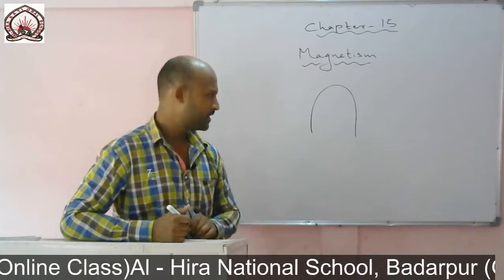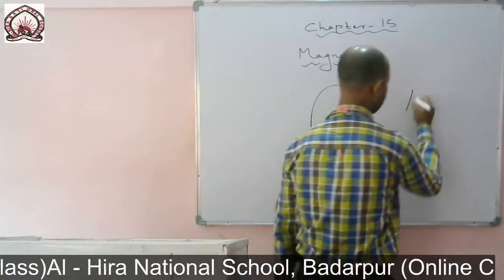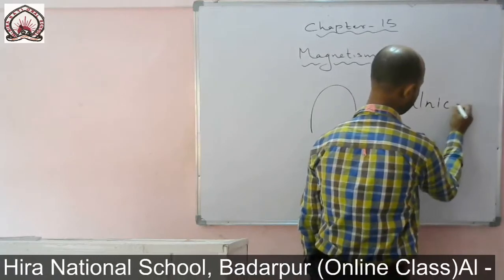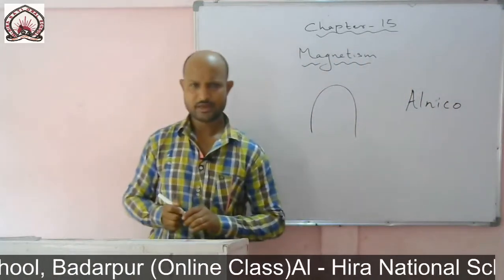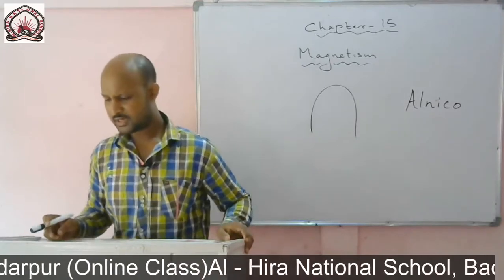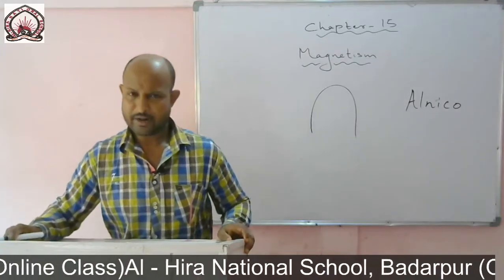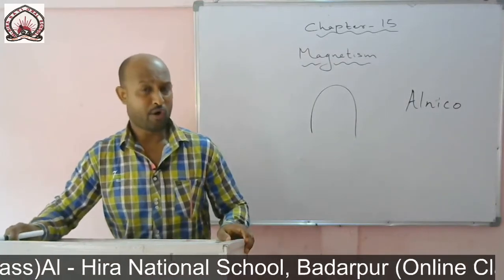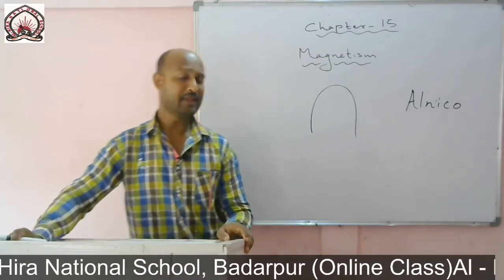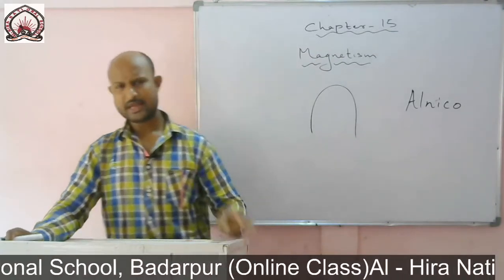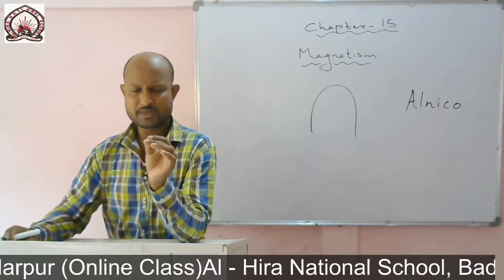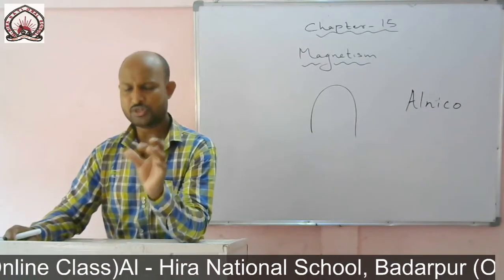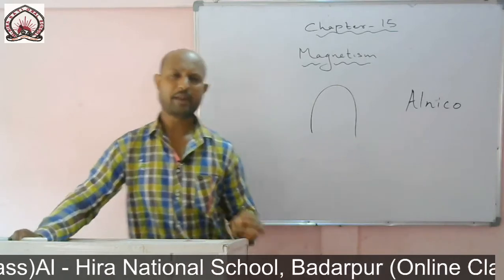You might have heard the name Alnico. This Alnico is an alloy which is considered a permanent magnet, and it is made out of aluminium, nickel and cobalt. These elements, aluminium, nickel and cobalt, along with iron, are always used for making a permanent magnet.